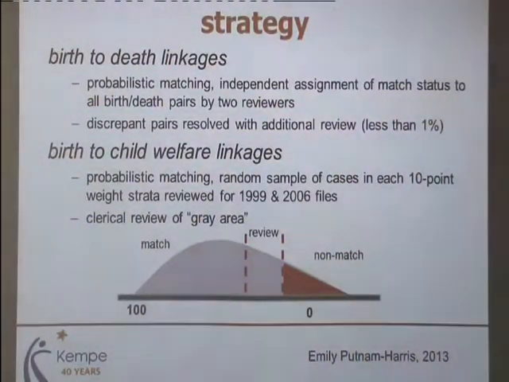So you pick a point, say a 90% probability, and there might be 10 possible matches. And so those possible matches then are reviewed manually by research staff to see if in fact they are matching up. And then if you find that there are real discrepancies, you may require some additional review.